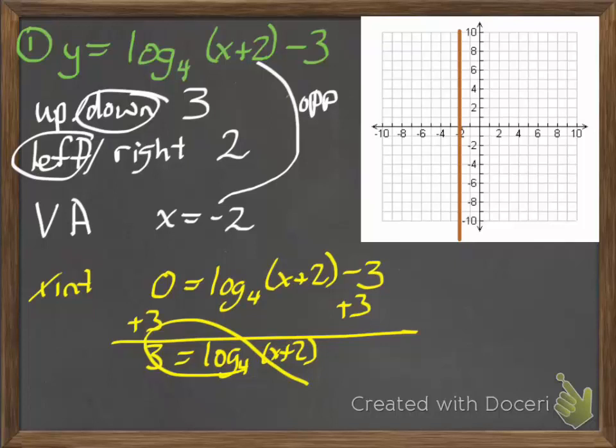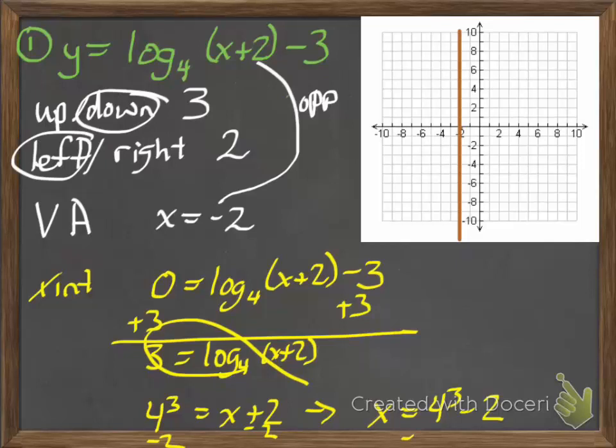And so 4 to the third is equal to x plus 2. And so x is equal to 4 to the third minus 2 when I move this minus 2 over. 4 to the third is what? 64 minus 2.